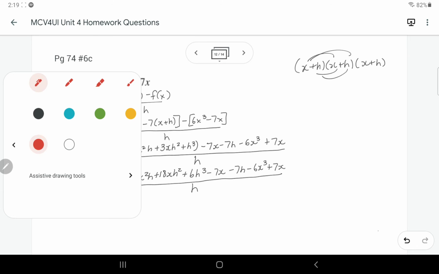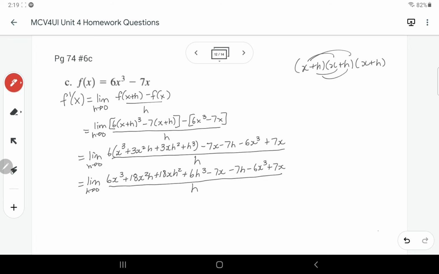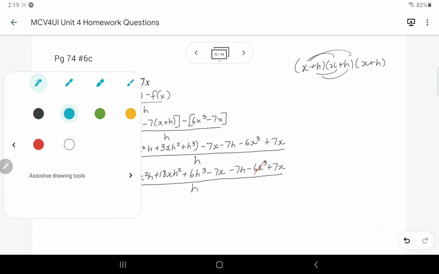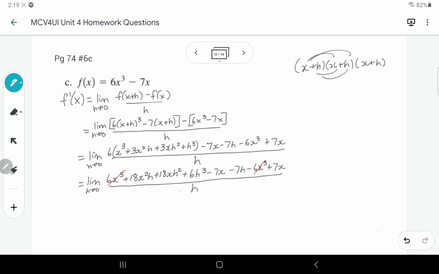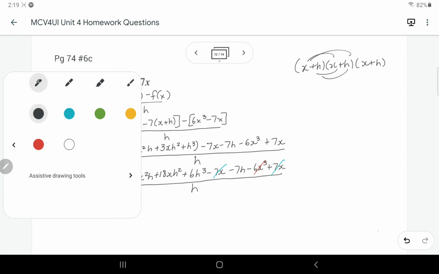Over h. So now I'm going to reduce a bunch of stuff out. I've got 6x cubed and minus 6x cubed. And then I have minus 7x and plus 7x. And anything else? I don't think I have anything else there.